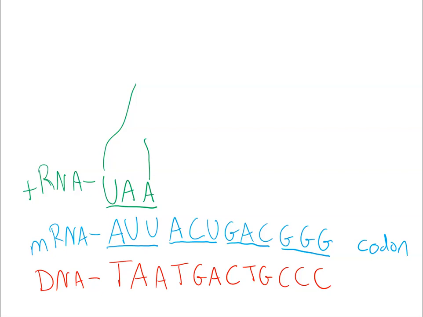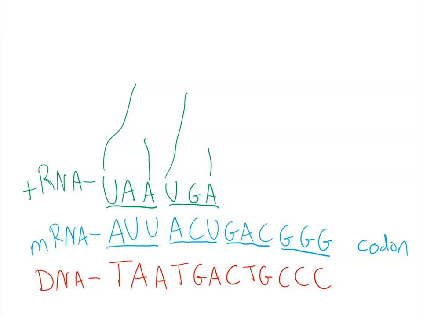Let's go to the next tRNA. The next codon reads ACU. What's the anticodon for the tRNA that binds to that codon? Well, it'll be UGA, because UGA base pairs with ACU. And of course, we have the rest of the tRNA.